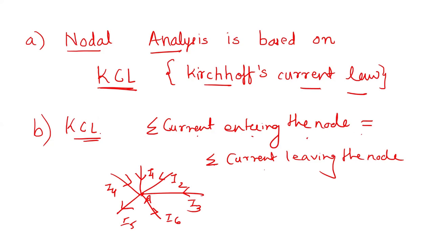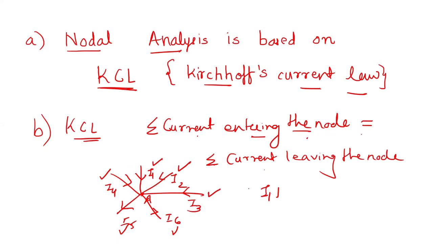The algebraic sum of current entering the node is equal to the algebraic sum of current leaving the node. What are the currents entering the node? I1, I2, I3, I4. And what are the currents leaving the node? I5 and I6.